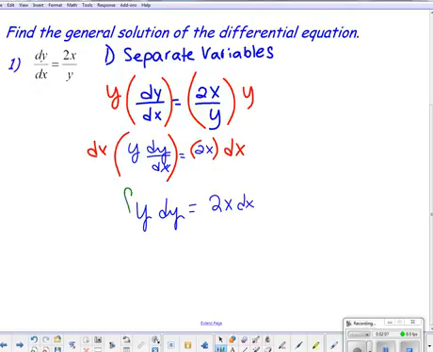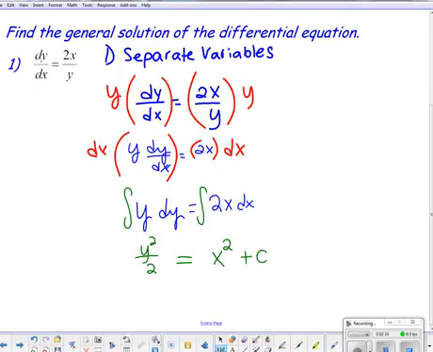So now let's do an integration on each side. The integral of y will be y squared divided by 2 equals, I could put plus c, but I would just end up adding that c or subtracting that c to the other side. The integral of 2x becomes x squared plus c.